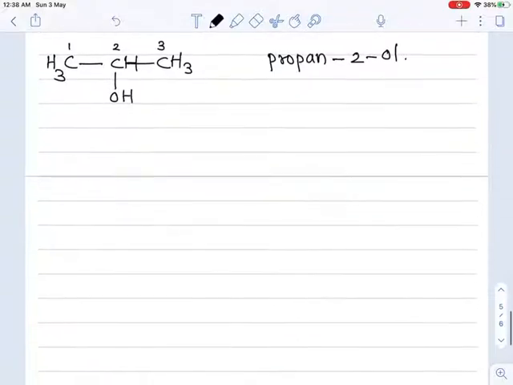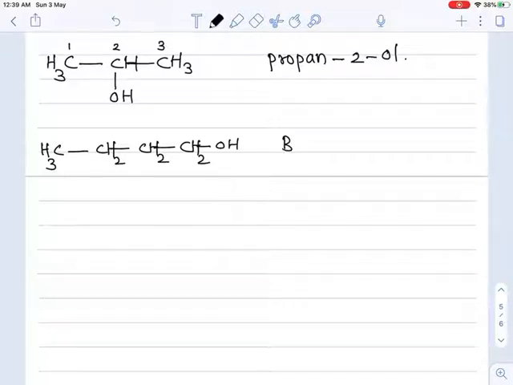If we see one more example, that is a 4 carbon containing alcohol. Arrange 4 carbons in a straight chain, and if the OH group is attached to carbon number 1, the remaining valency is completed by hydrogen: CH3, CH2, CH2, CH2OH.